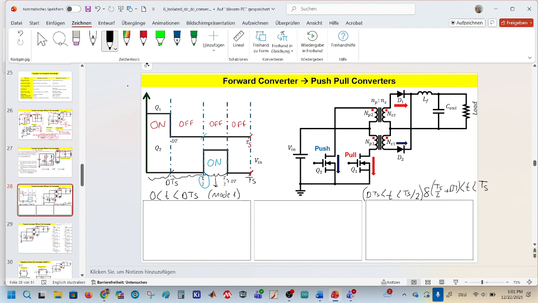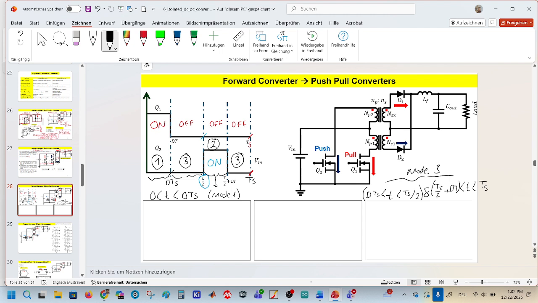And mode 1, then comes mode 3, then we have second mode and again the third mode. And this is the time period of mode 3.